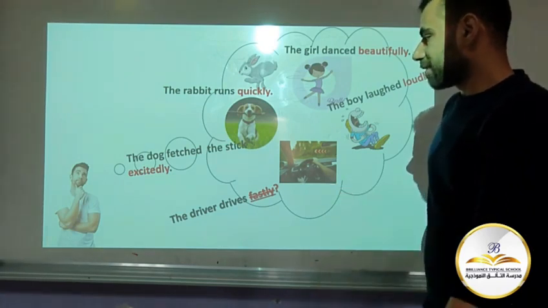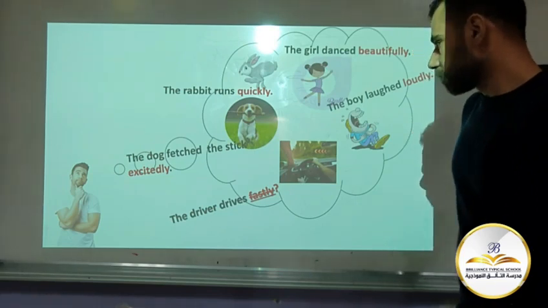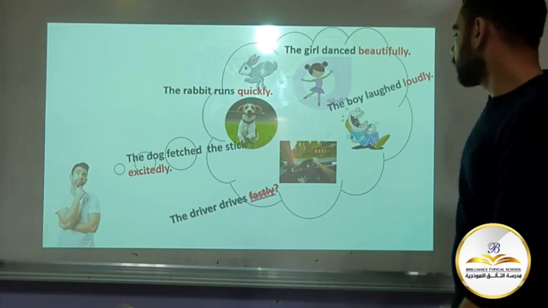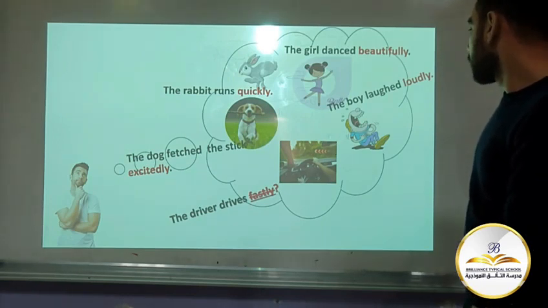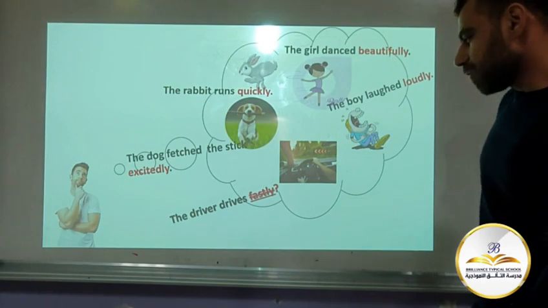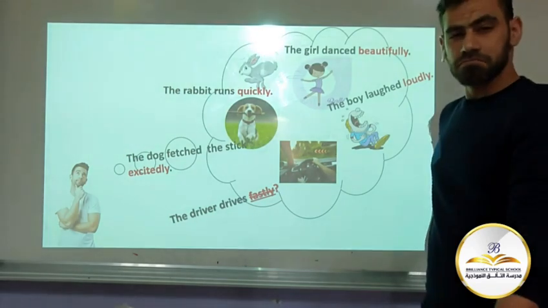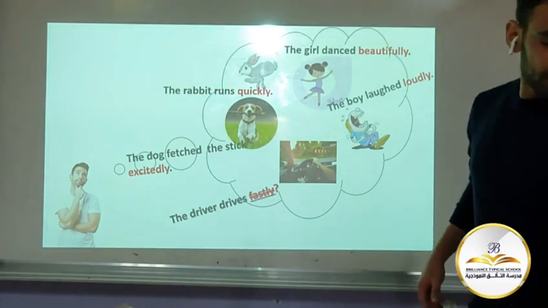You might say the dog fished the stick excitedly, and you can say the girl danced beautifully, and the boy laughed loudly. And you might say the driver drives fastly. Is that correct? Maybe. We're going to see.